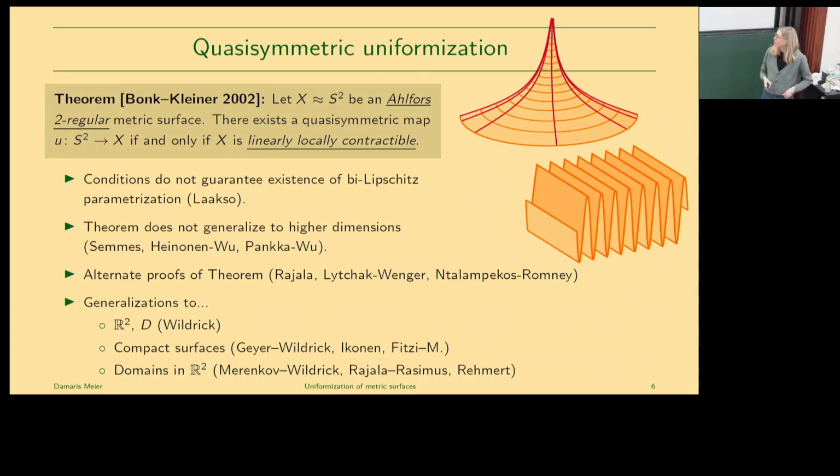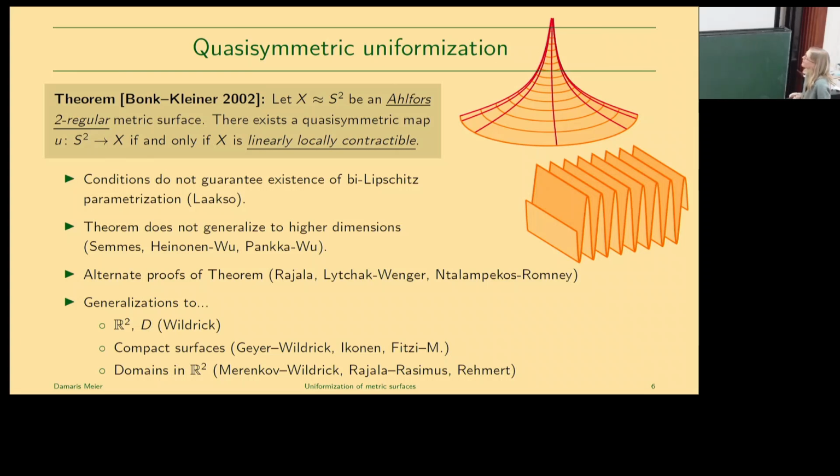That's due to Laakso. And then the theorem does not generalize to higher dimensions. There are a couple of examples by a couple of authors, and there exists an alternate proof of the theorem, and also generalizations to other types of surfaces. So this is very short about this theorem.